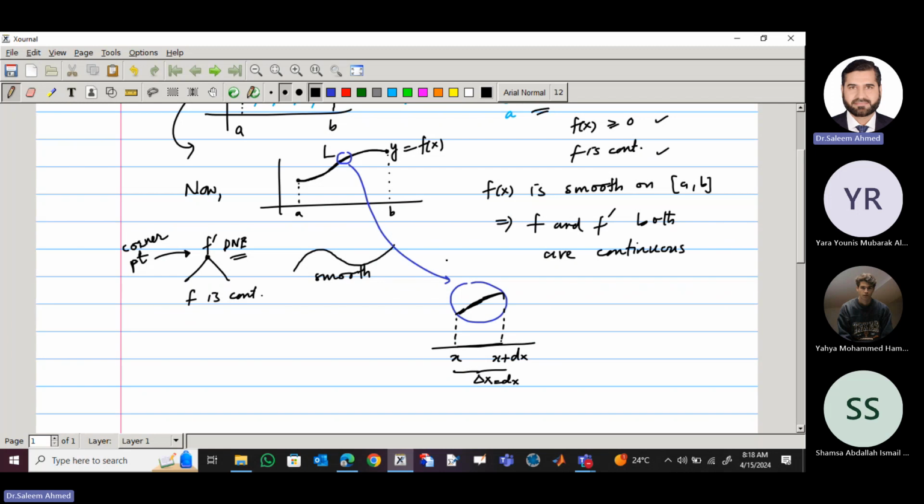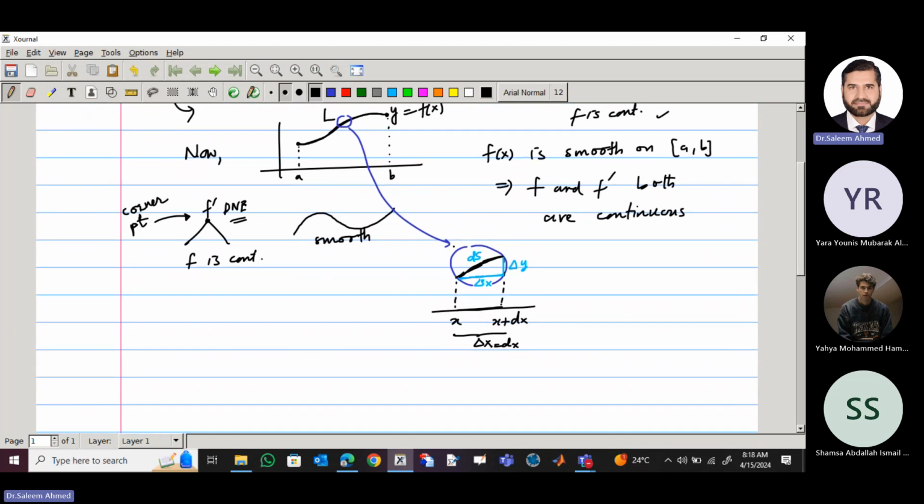Now if you complete this triangle, this is delta x, the corresponding change in y is delta y, and let's call this ds. A small portion of the arc length is delta s.